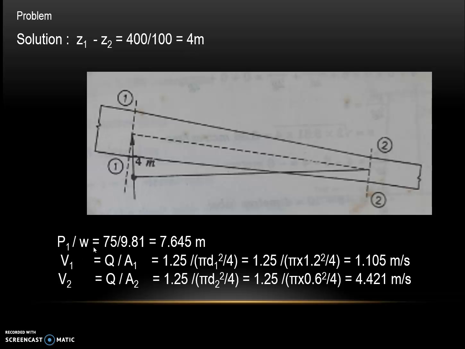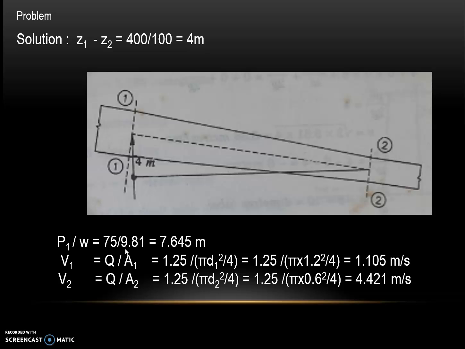P1 by W is equal to, P1 is 75 kPa, that is kilonewton per square meter, and W is 9.81 kilonewton per cubic meter. So here we can observe that the units of both the terms, that is P1 and W, are in terms of kilonewton. If 75 is written in terms of Newton, then it becomes 75 into 10 raised to 3, and W also has to be written in Newton per cubic meter.